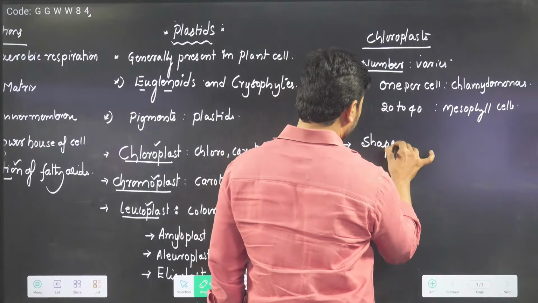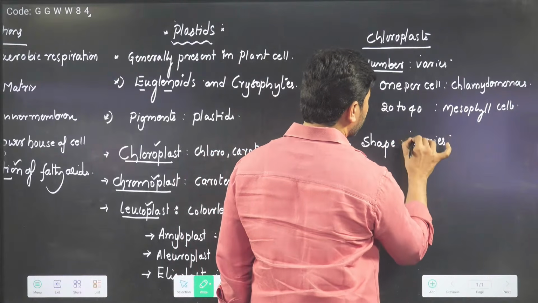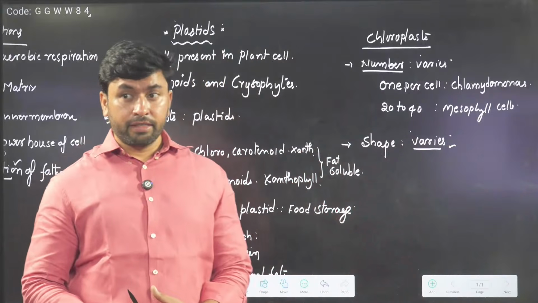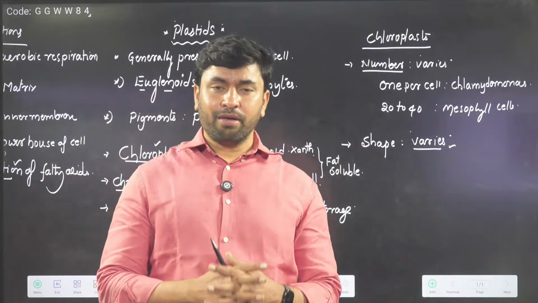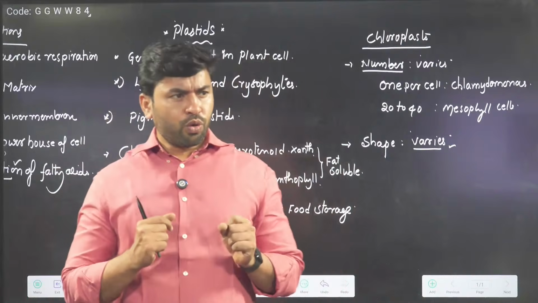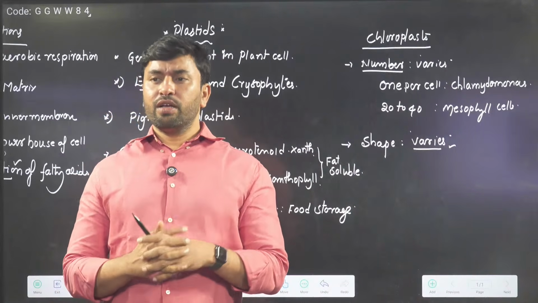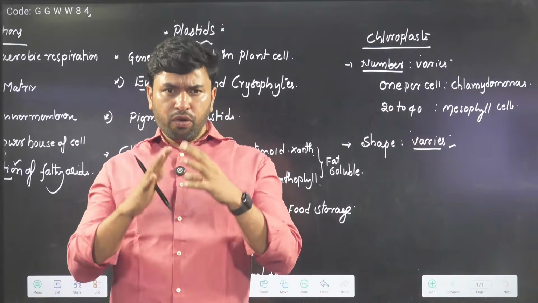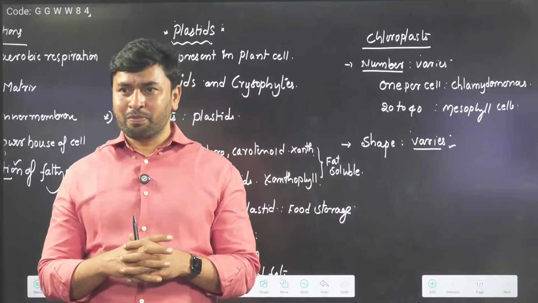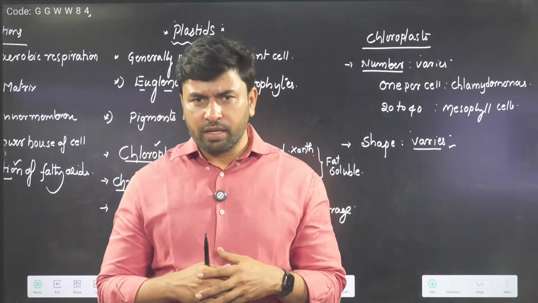Next one, shape. This is interesting. Shape also varies. A variety of shapes we will see in the chloroplast. Some are oval, some are cup-like, some are ribbon like. Chloroplast shape varies from cell to cell. We will get full detail in algal chloroplast, where a variety of shapes are seen.